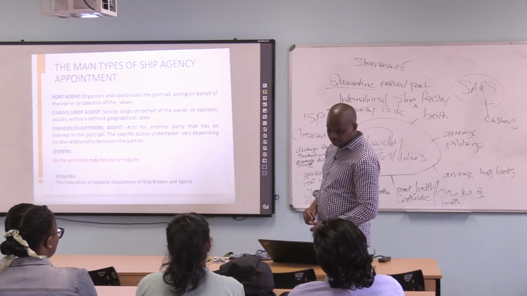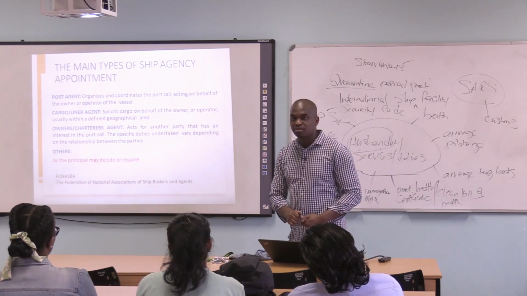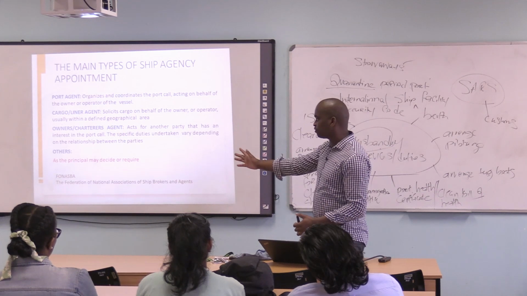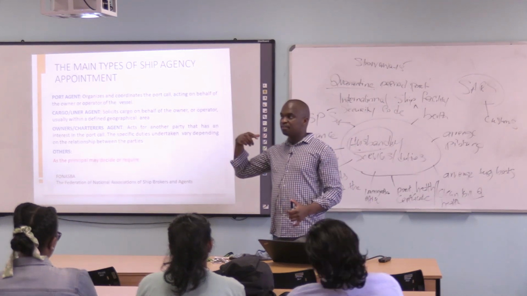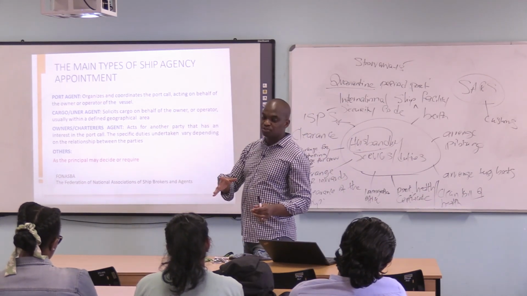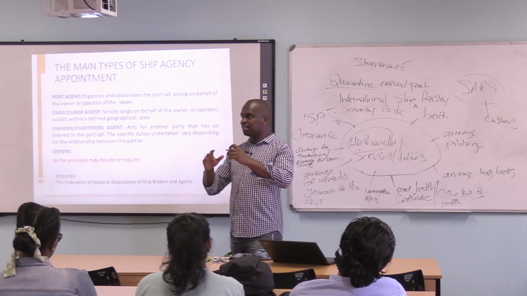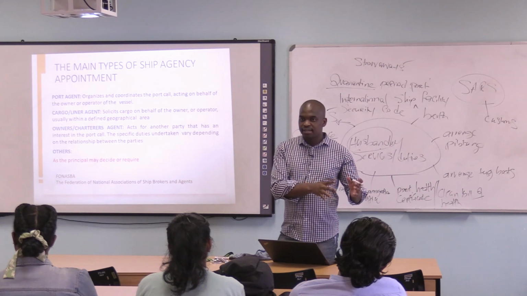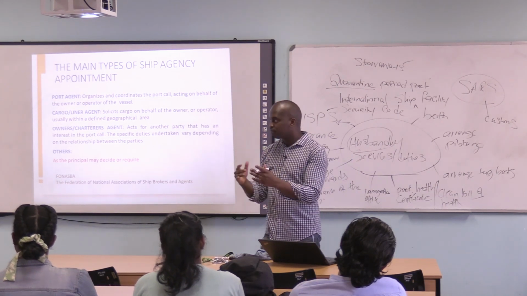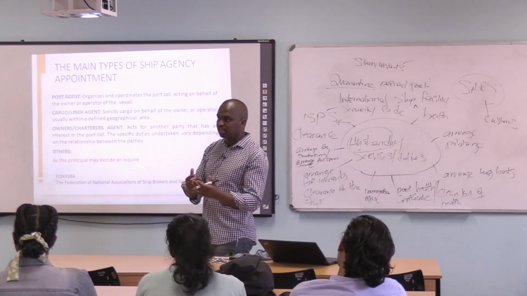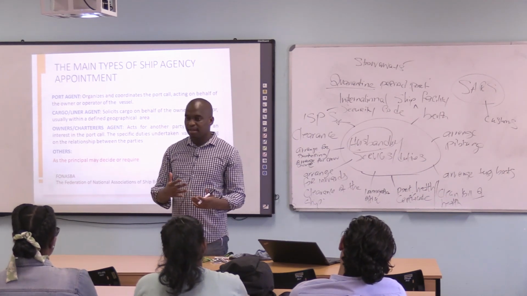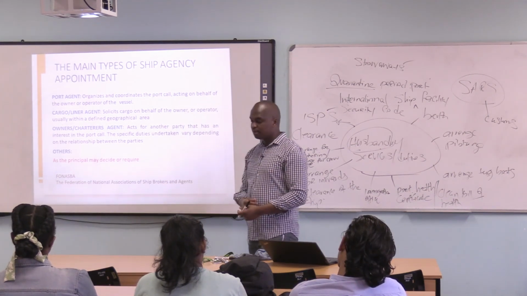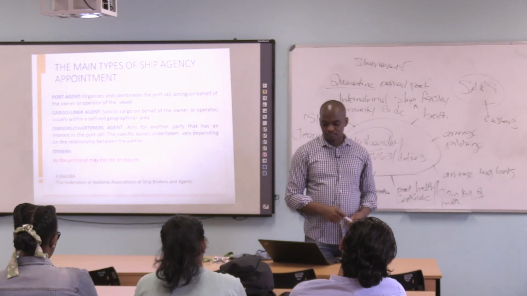Now, the Federation of National Associations of Ship Brokers and Agents, that's what FONASBA stands for, as I have already explained to you, looks after the interests of agents, they have the agents' best interest at heart. So they basically protect their rights and they make sure that their well-being is well looked after.